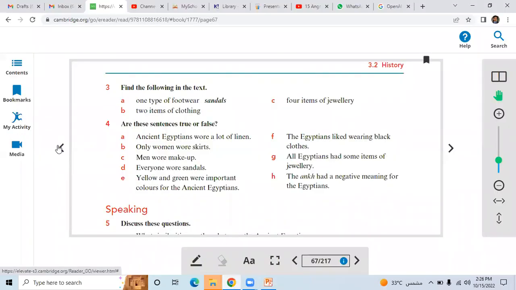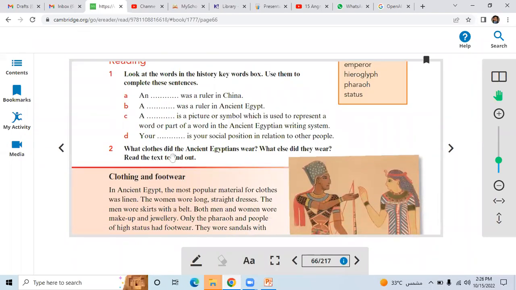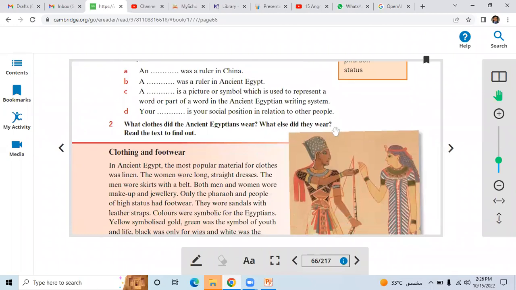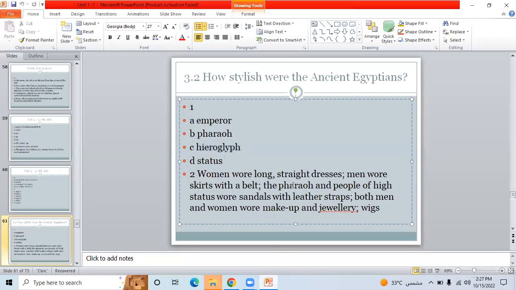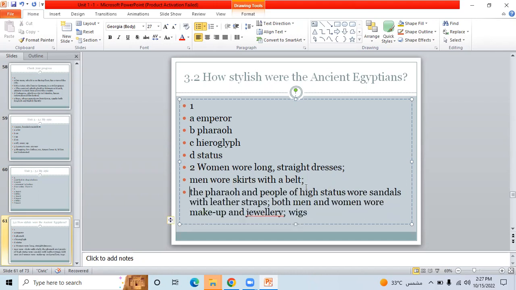Question number two: what clothes did the ancient Egyptians wear? What else did they wear? We read the paragraphs and came to know the answers. Women wore long straight dresses, men wore skirts with belts, and the pharaoh and people of his status wore sandals with leather straps.